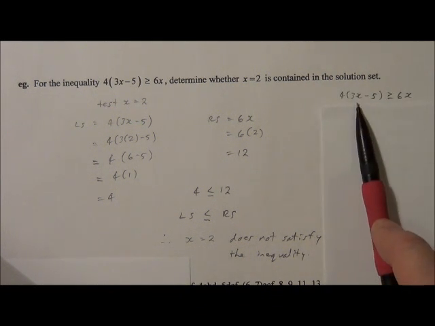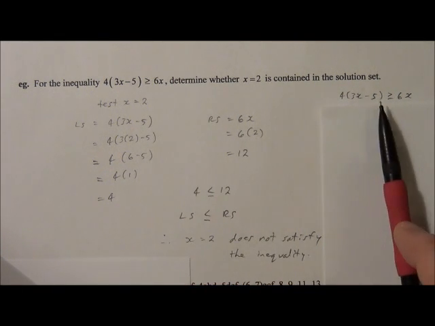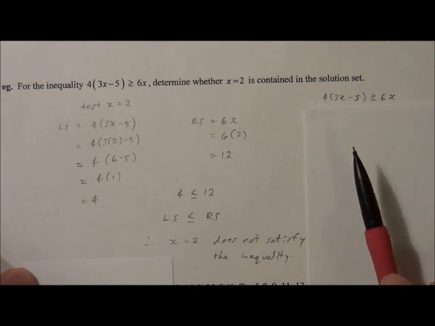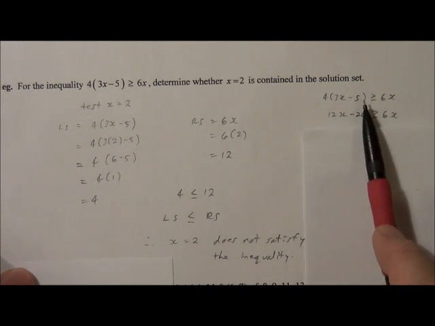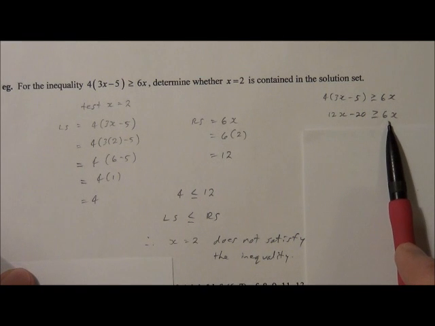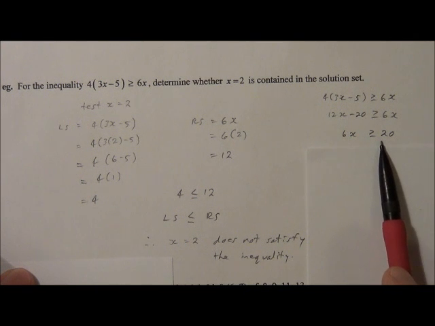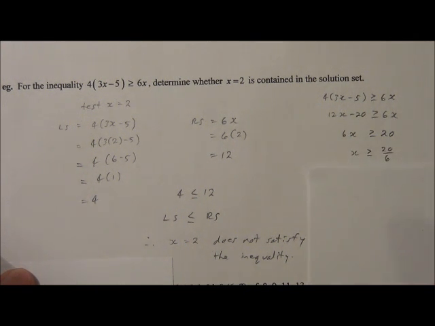So we've got this inequality here. I will expand through the brackets on the left. So you get 12x minus 20 greater than or equal to 6x. Subtract 6x from both sides, add 20 to both sides, so we're left with 6x greater than or equal to 20. And then I'll divide both sides by 6, and then simplify, so we get 10 thirds.